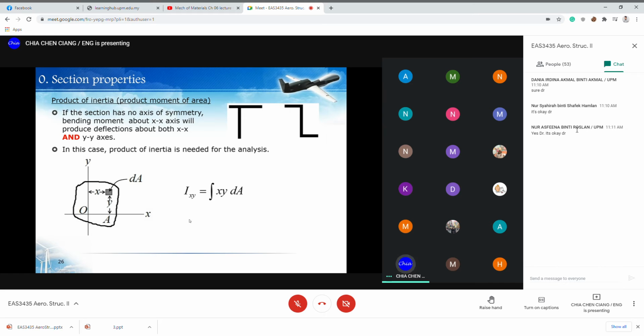Okay. I see. Yes. If you have a circular tube and you press it down, which means you apply a load pointing downward, that particular tube will bend downward only. No bending in the y-axis. For a symmetrical circular tube, if you apply a downward force, it will bend downward only.